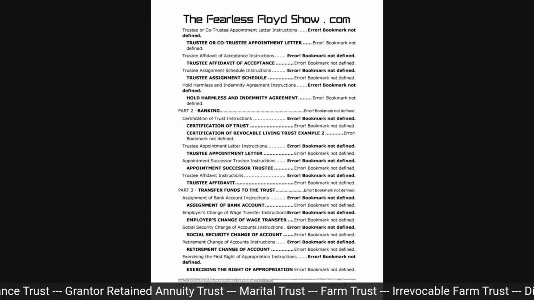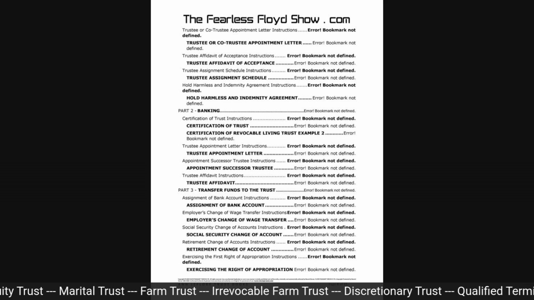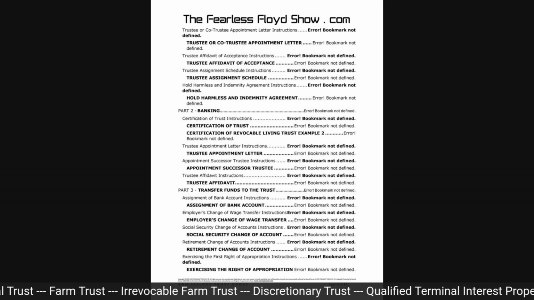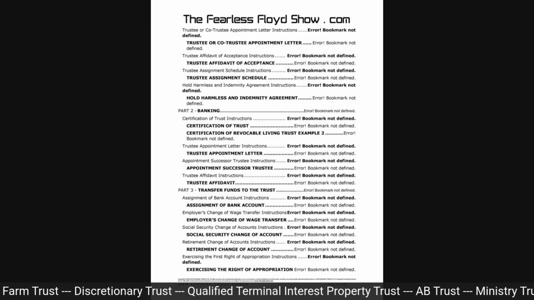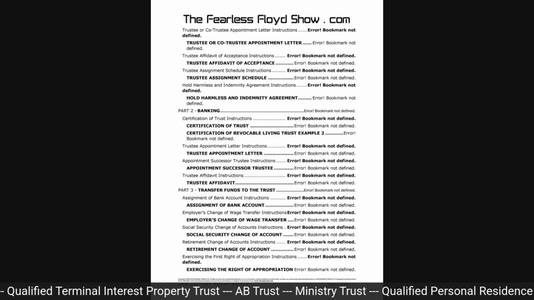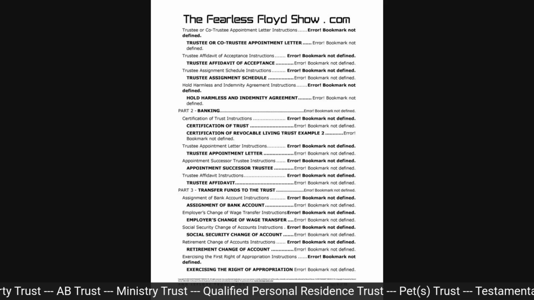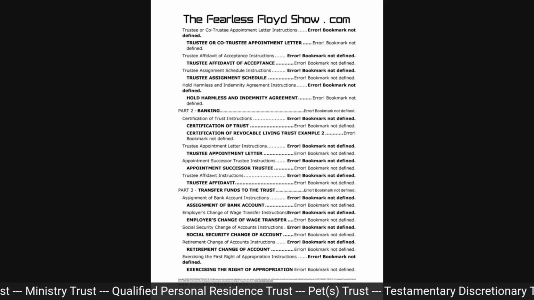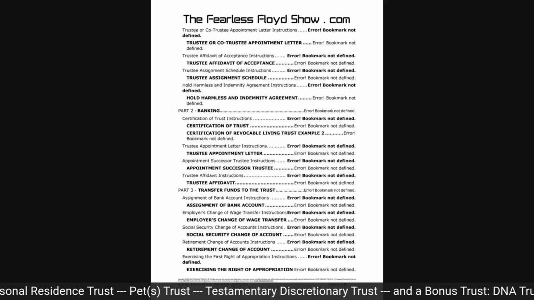Part two on banking: certification of trust, certification of revocable living trust, trustee appointment letter, appointment of successor trustee, trustee affidavit. Part three, transfer of funds to the trust: assignment of bank account, employer's change of wage transfer, social security change of account, retirement change of account, exercising the, and I can't see what that says.